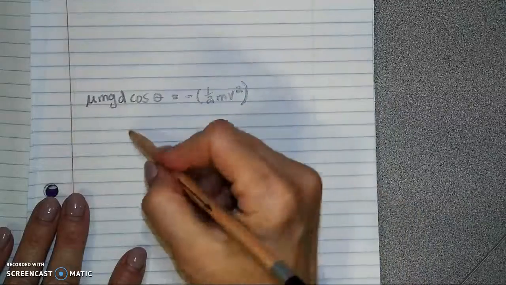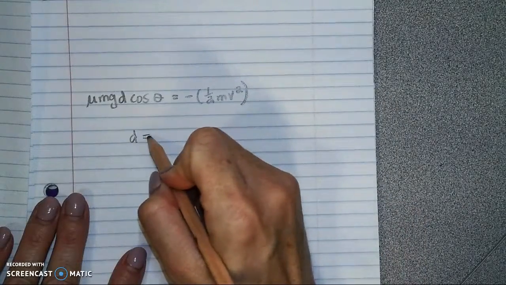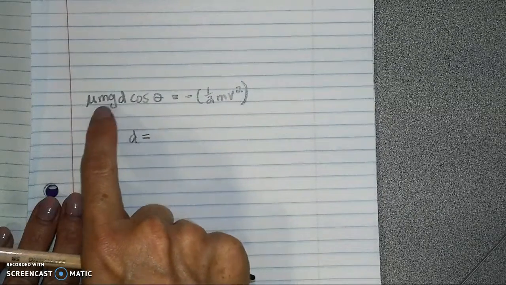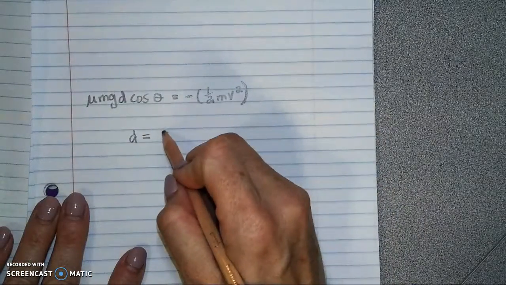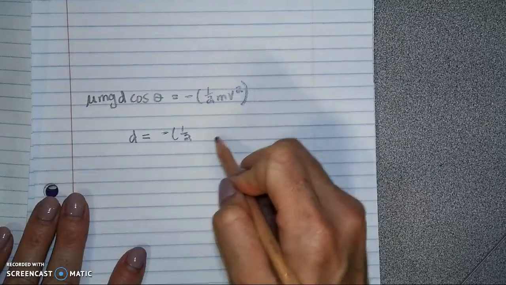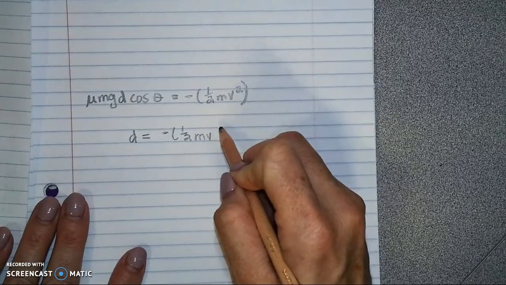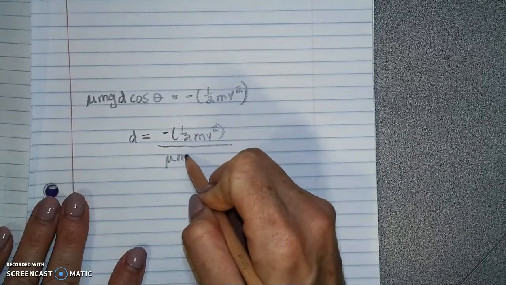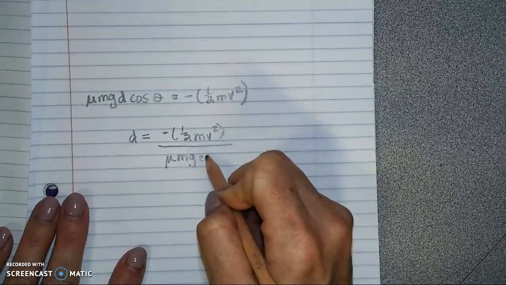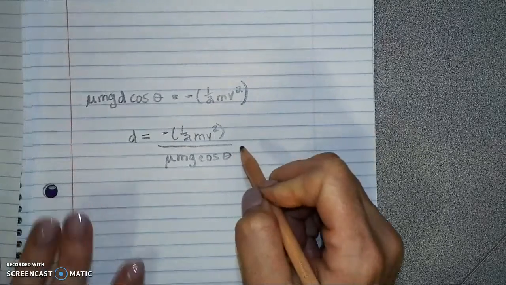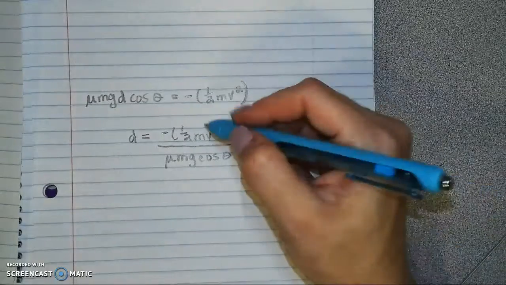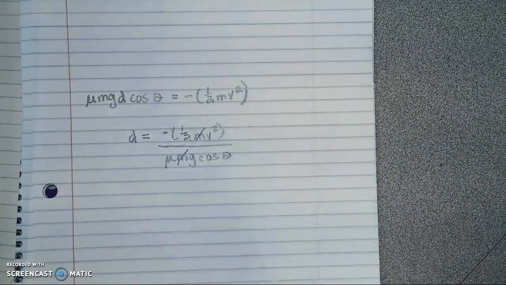Okay, so then I'm going to use this formula to solve for D. To isolate D, I'm going to divide both sides by mu mg and cosine theta. So negative 1/2 mv squared divided by mu mg cosine theta. Your mass will cancel top and bottom, so you don't need to worry about that.